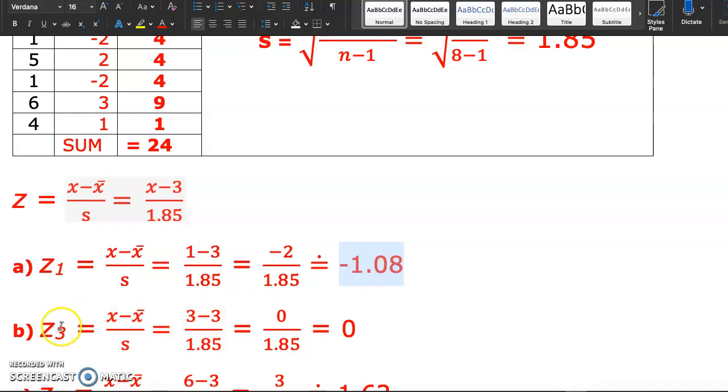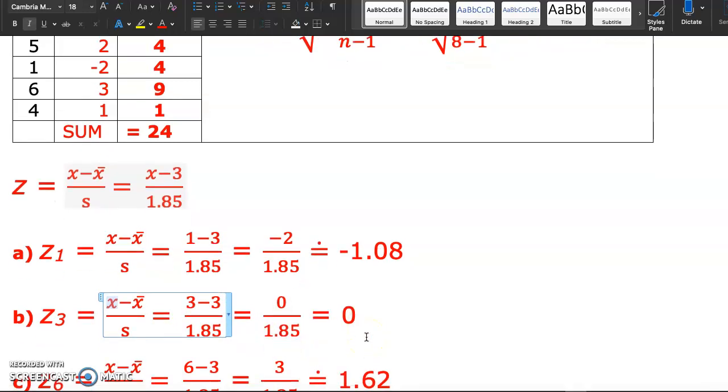Notice the following. Z of 3, well, we said that 3 was our mean. So when we have a deviation of 0 caused by 3 being our data value we're observing, 3 being the mean that we had for the entire data set, it hasn't deviated at all. So it is a z-score of 0.